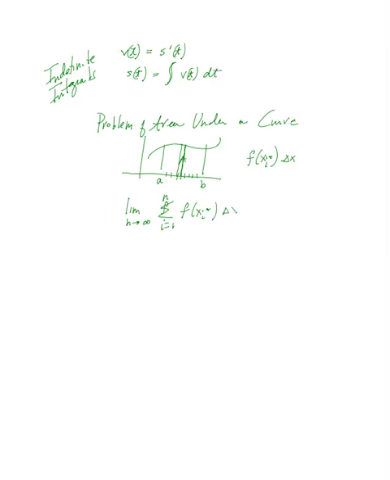So we found what? The exact area under the curve by computing this limit. But this notation gets cumbersome, so we rewrote that like this. And we call this a definite integral.